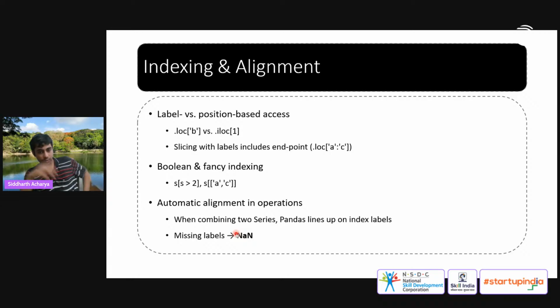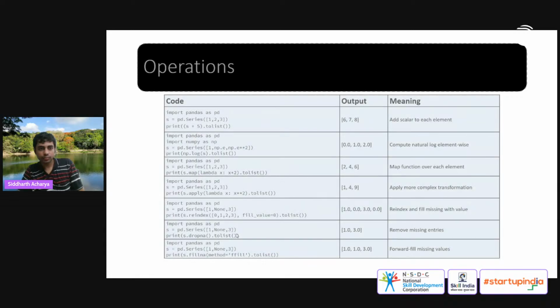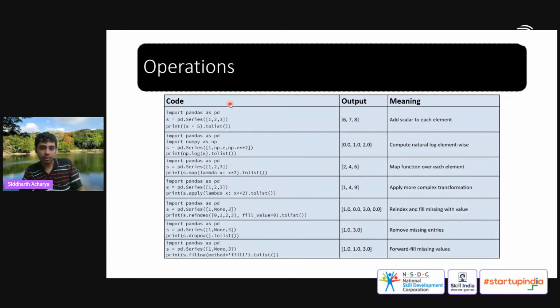Just the way we operated over NumPy arrays, in a similar way we can also operate over pandas series. This is basically an extension with custom indexing. So these are all the operations it supports. It's very similar to the NumPy array only.